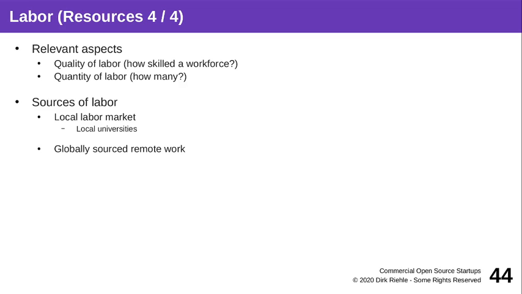And finally, the third type of resource to understand is labor, or as I like to say, people applied over time, because labor is not just people, it's people over time. You need to understand that time is a key part here, and that can be a key resource to your business, because if you don't have good developers, for example, good salespeople, good product managers, then you may not be successful.